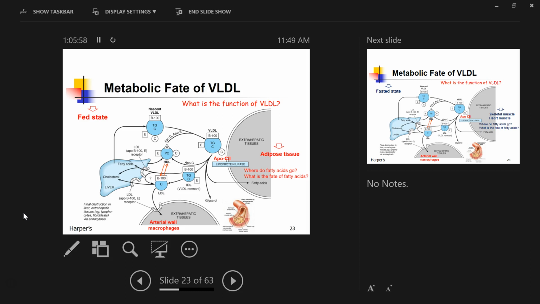So there are two questions you probably want to understand and remember, the metabolic fate of VLDL during the fed condition. First, where do the fatty acids go? Basically to the fat tissue, the adipose tissue. And what is the fate of fatty acids in the adipose tissue? They are re-esterified to triglyceride and stored in the adipose tissue.